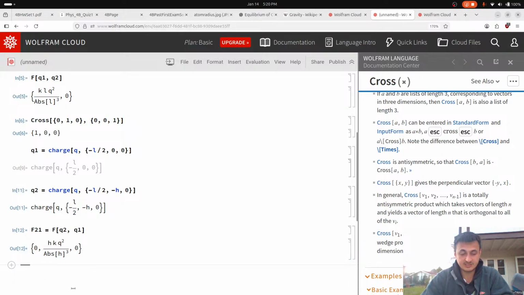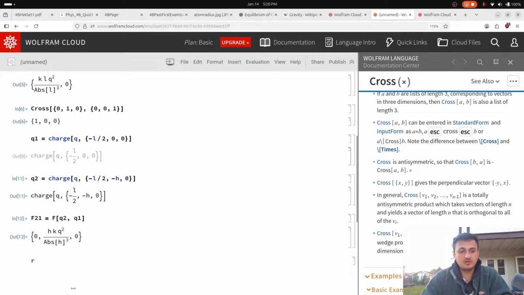Now all we need to do is R, which is going to be equal to the distance from the origin to the first charge. So it's going to be pos Q1 minus, is there a 0?